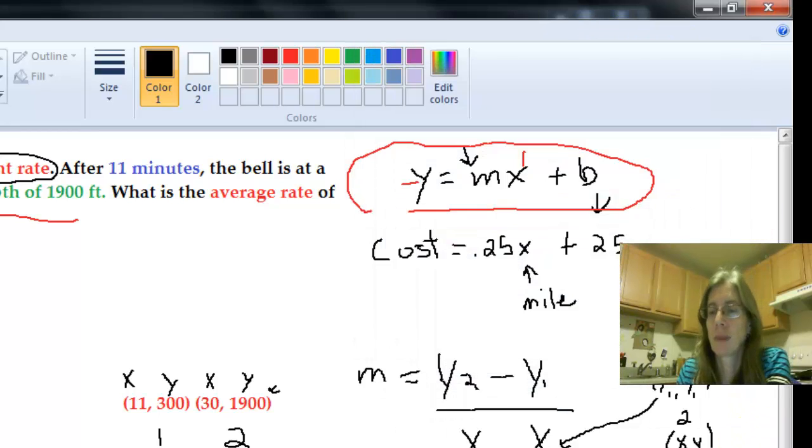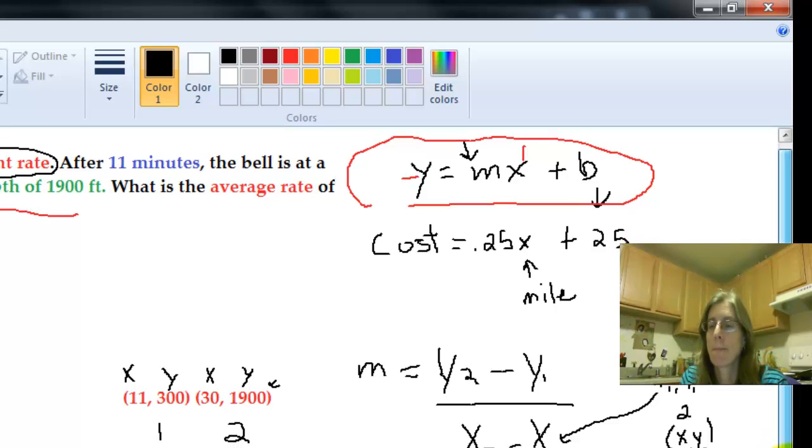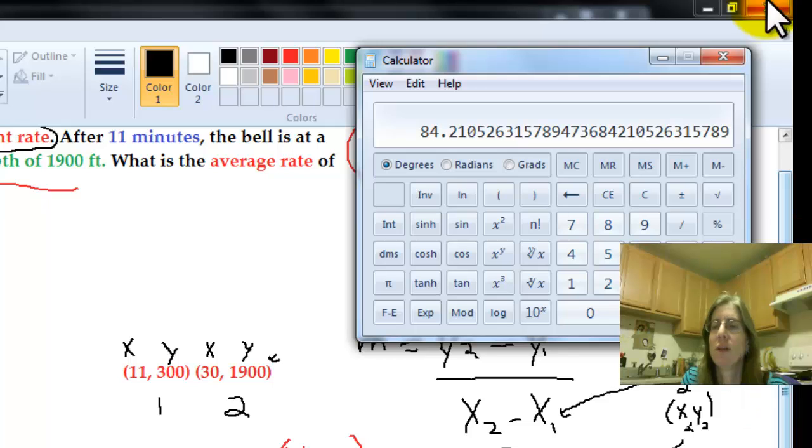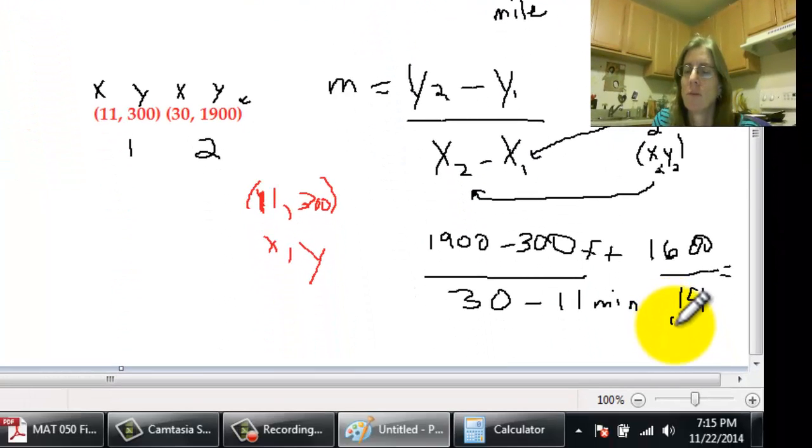Once you divide that, you get 84.2, feet per minute, because that's what we divided.